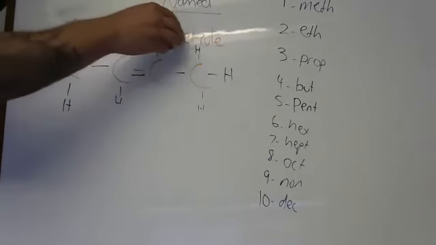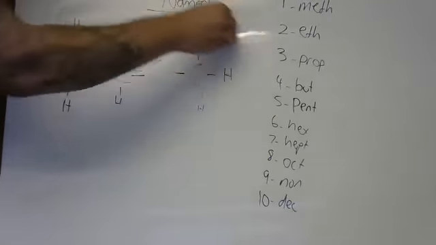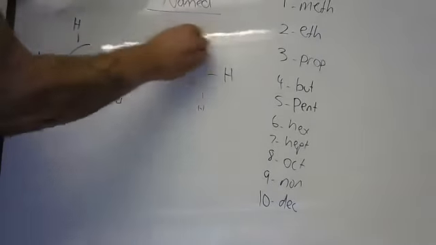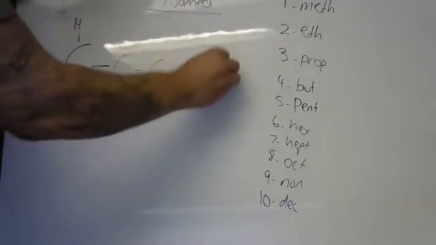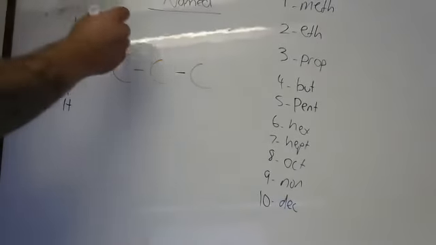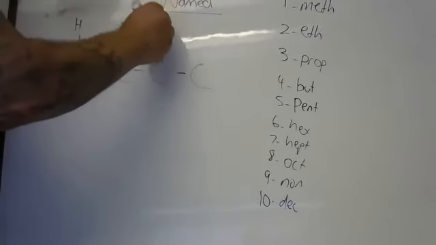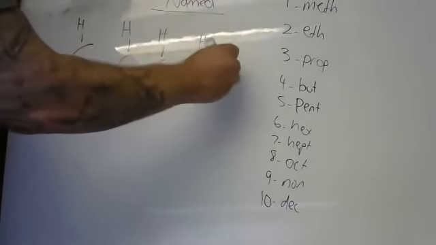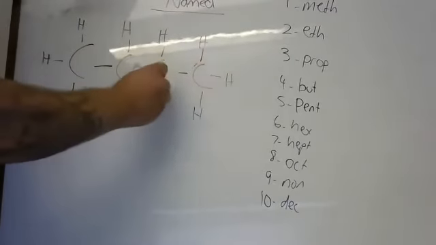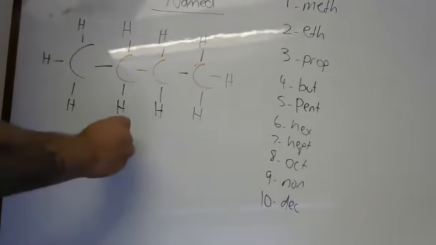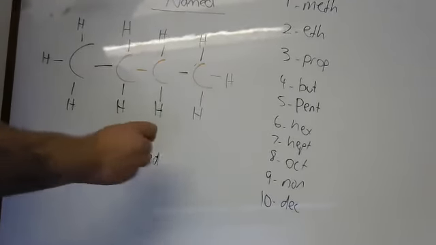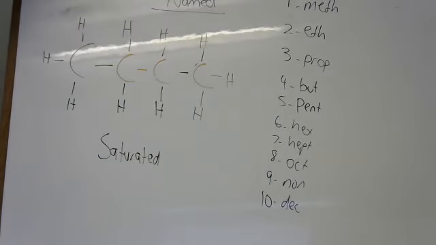There is one concept I don't think I explained there, which is the idea of what we call saturation. Alkanes are saturated: each carbon atom is completely surrounded by hydrogen.